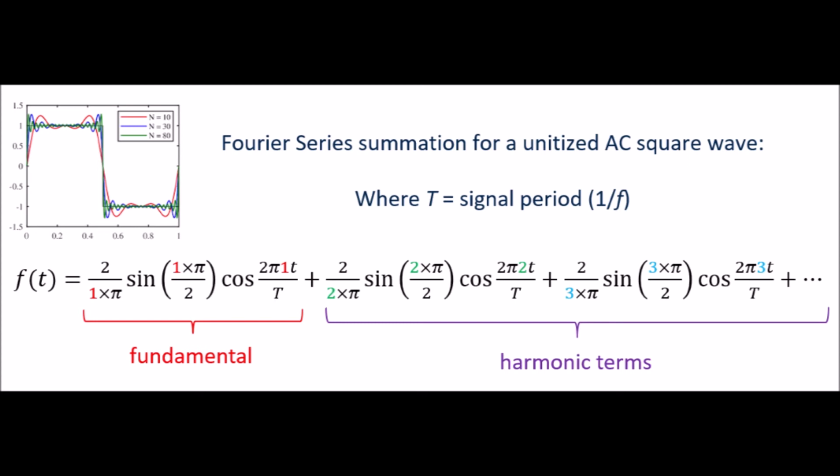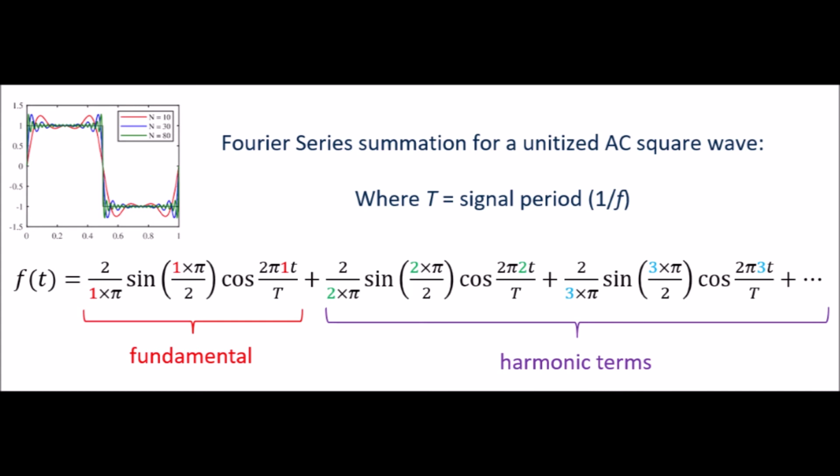Likewise, the second harmonic term will have a cosine frequency of 2 times pi times 2 times time divided by the period of the signal, and so on and so forth. So we have an increasing frequency of terms. But note at the same time, if you look at the coefficient, back to the fundamental term, the scalar value is 2 divided by 1 times pi.